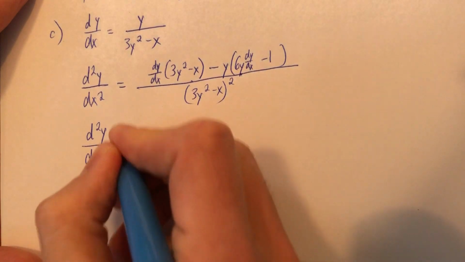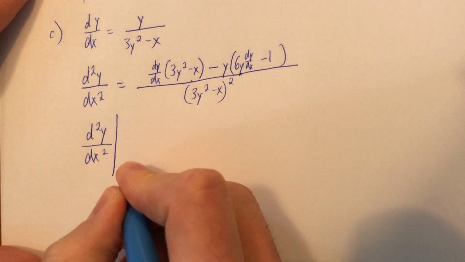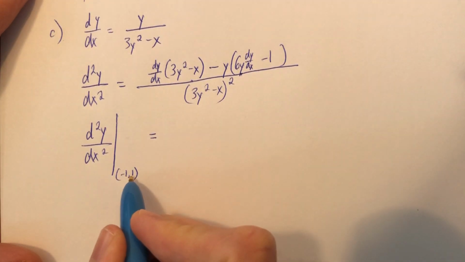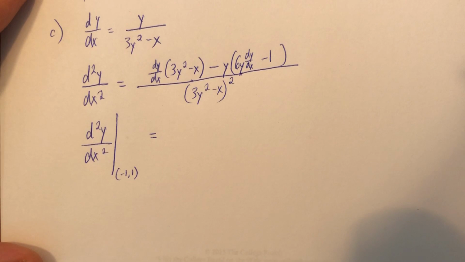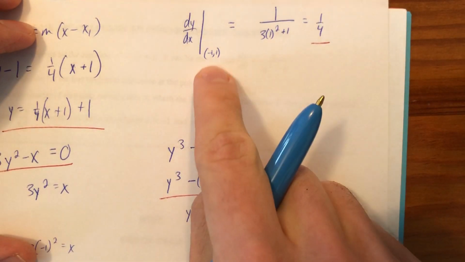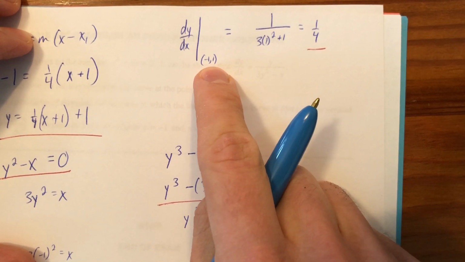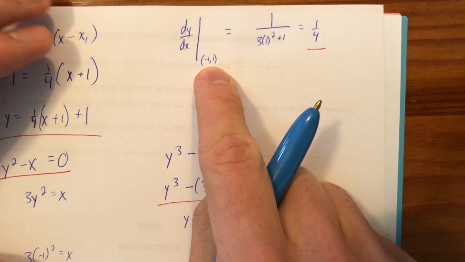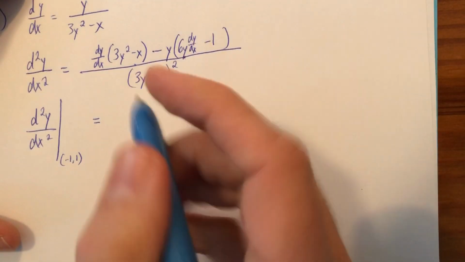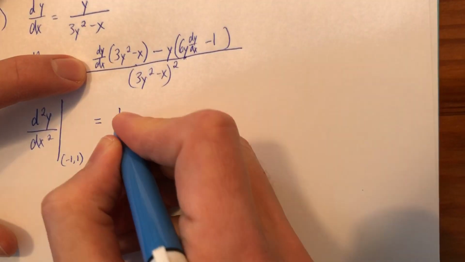I want to evaluate this at the coordinate -1, 1. And when I do, I'm going to plug in -1 for every x and 1 for every y. However, this is the same coordinate that was already evaluated at the derivative up here. So everywhere I see dy dx, I'm going to put 1/4 because I've already evaluated it. So I have 1/4.